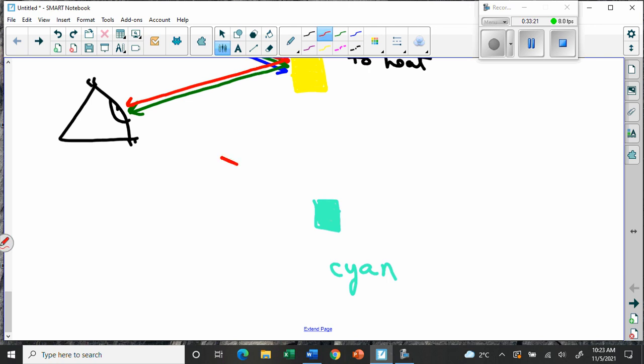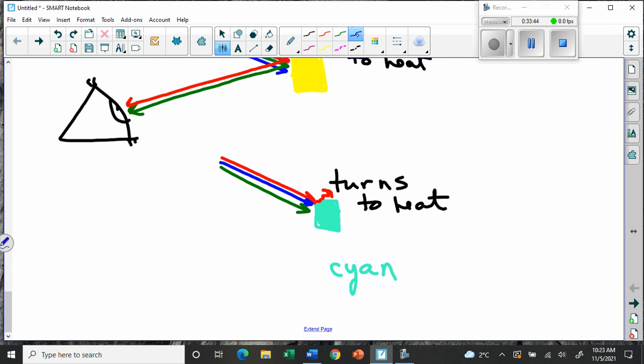Well, red is coming in, and blue is coming in, and green is coming in. What's happening here is the red is being absorbed, turns to heat, because there's no molecules that have the right kind of electrons in the right places to jump up and down to make that reflect.